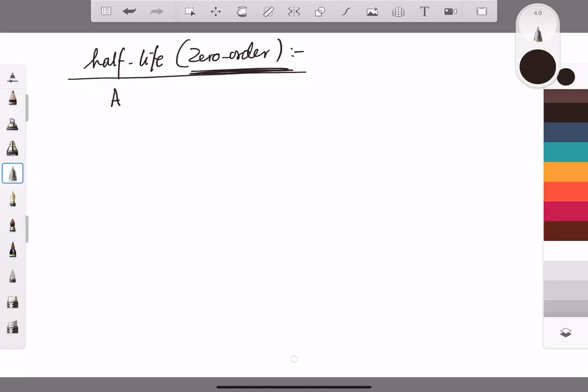Okay, so if we are talking about a zero order reaction, going back to the equation that we have, A at a certain time equals A naught minus K naught times time. By the definition, I want A at a certain time to be equal to half of its initial amount, right? And this will happen at the half-life, or sometimes we call it t 0.5.